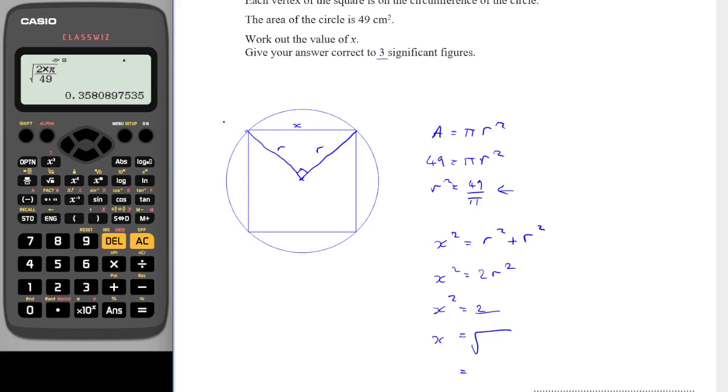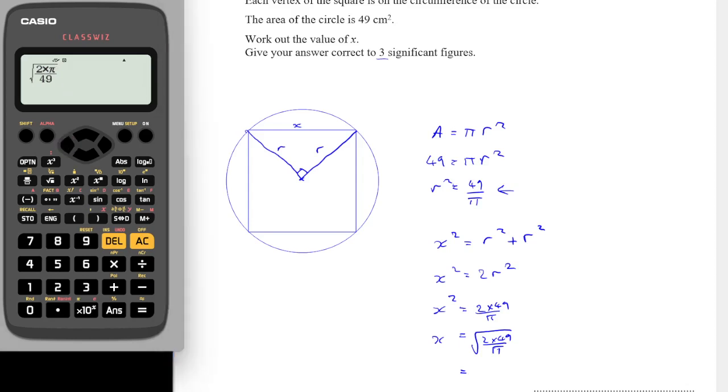So that should have been 2 times 49 over pi. So let's change that over here. We've got pi there, and then 49 there. There we go, that looks better.